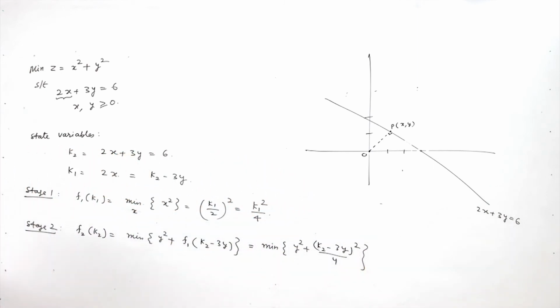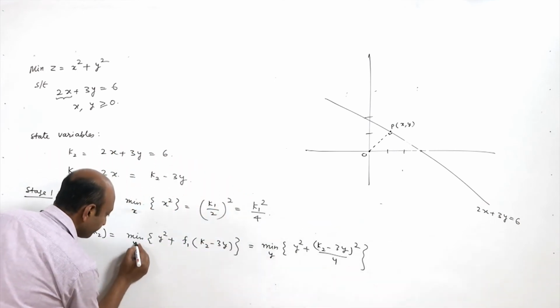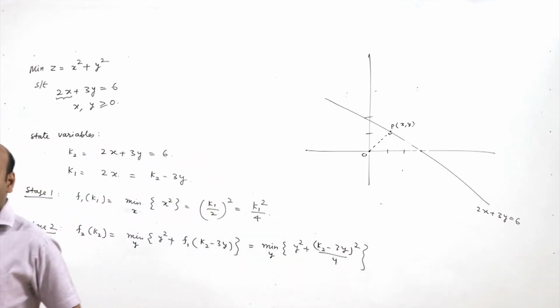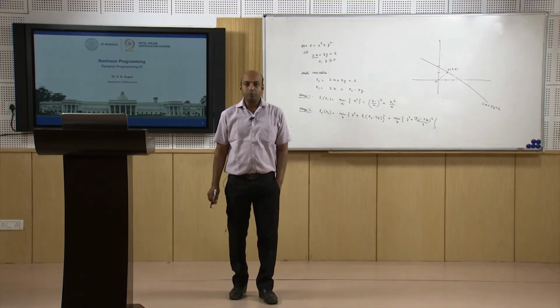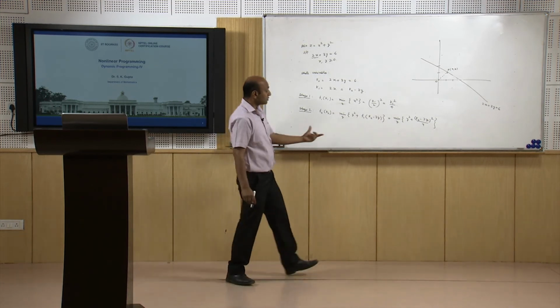Now, again it is a minimum over y. Now, it is a single variable function of y only. You again differentiate with respect to y and put it equal to 0 to find the minimum value of this objective function.